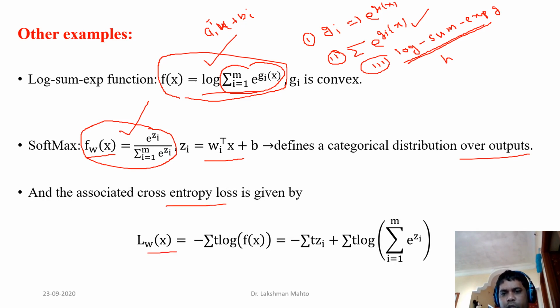We are talking about convexity of the associated loss function, given by cross entropy loss, with respect to this x. This x is the input to the softmax function, and your loss function happens to be convex with respect to this x. That means with respect to the input to the softmax function, in whichever layer you are applying it, this loss is a convex function.